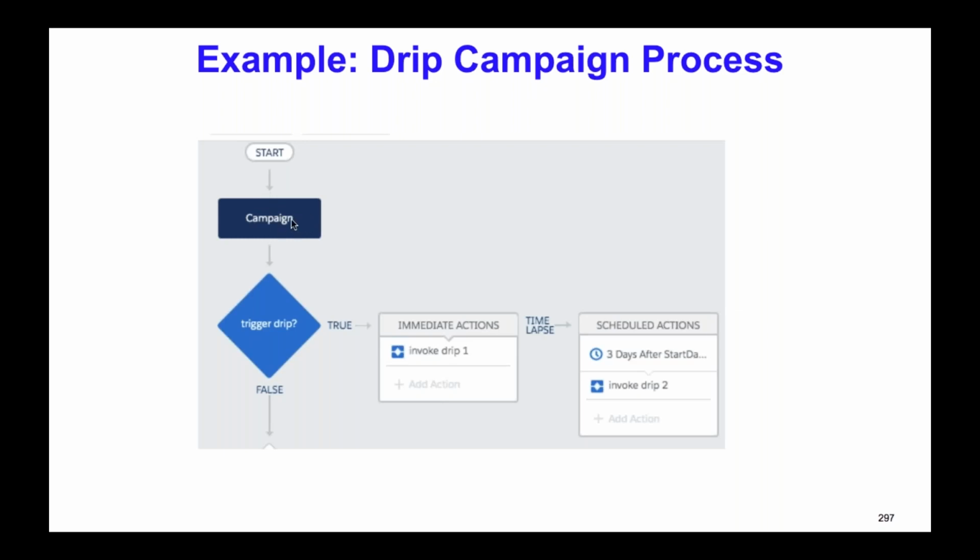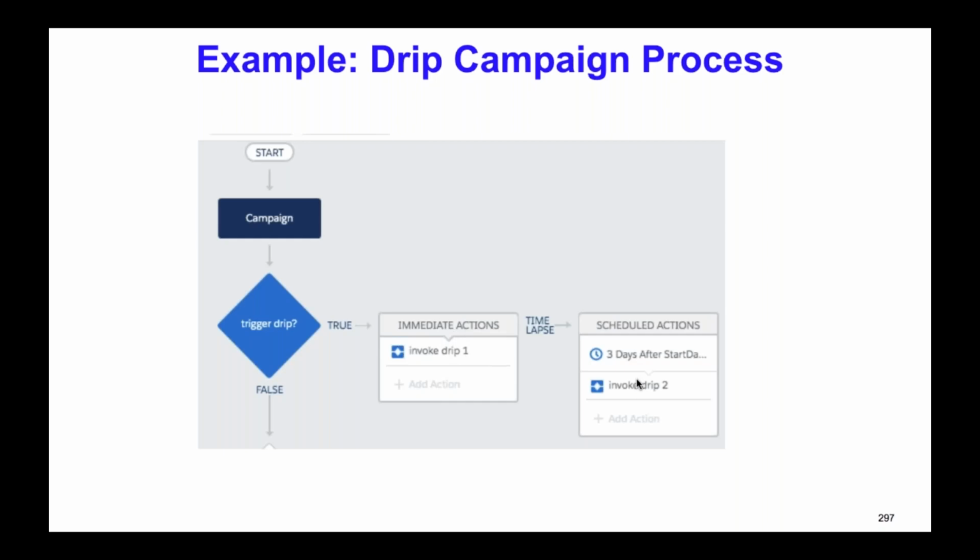So you're basically starting with a campaign, and then you want to trigger a drip in which you're going to evaluate certain criteria, and then you're going to invoke, say, drip one. It could be immediate, or it could be scheduled, but in this example, I'm just going to show you how to trigger it immediately, the very first drip.